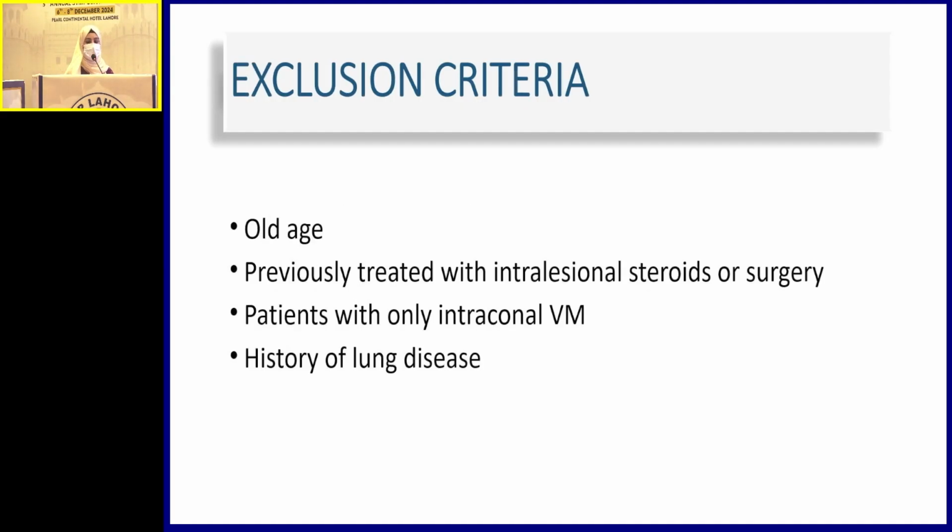Elderly patients, patients previously treated via surgery or with intralesional steroid injection, and patients in whom the tumor resided only in the intraconal space were excluded, as well as patients with lung disease, because bleomycin can cause pulmonary fibrosis.